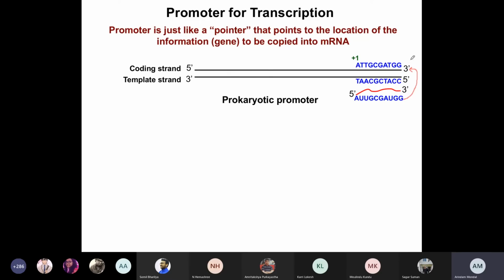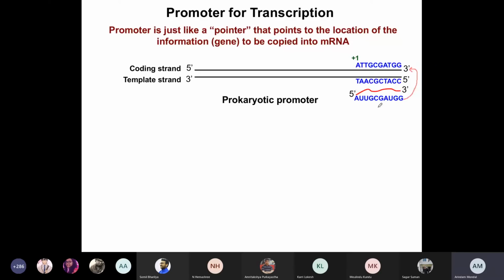Why coding strand? Because it contains the information which is going to get encoded in the RNA. So this is the information which is going to be expressed in the form of the RNA. That's why the RNA and the coding strand should have exactly the same sequence, except that whenever there is a T in the DNA strand, it will be U in the RNA strand.